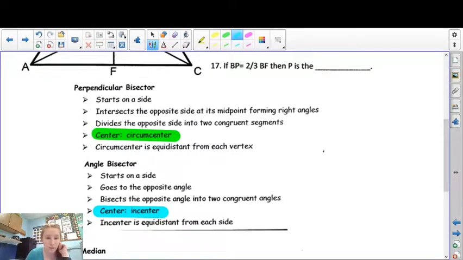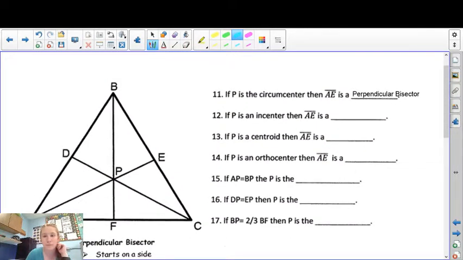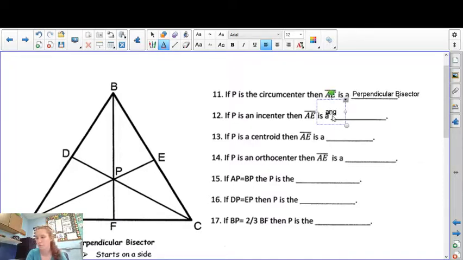If he's an incenter, then it's an angle bisector. Sorry, I could not get my E in there to save my life.